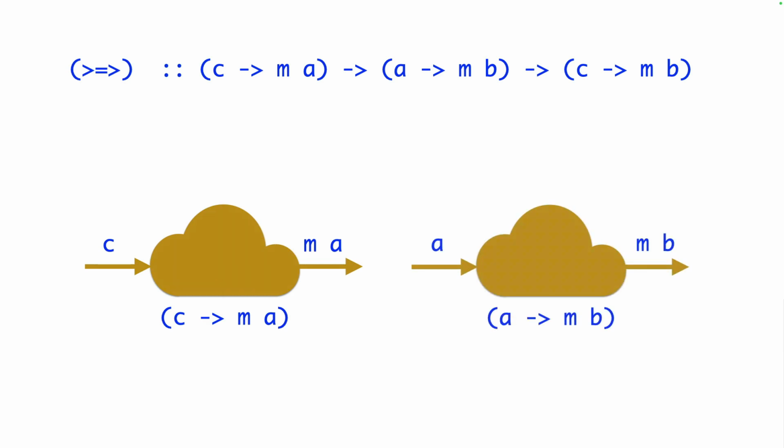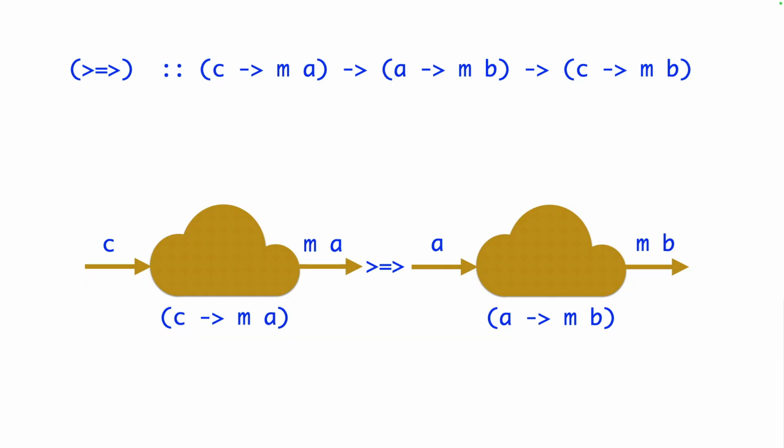And we can have a similar function that goes from A to M of B that has side effects. And this operator fish, it's called, takes the output from this side effecting function and pipes it into the input of the next one.